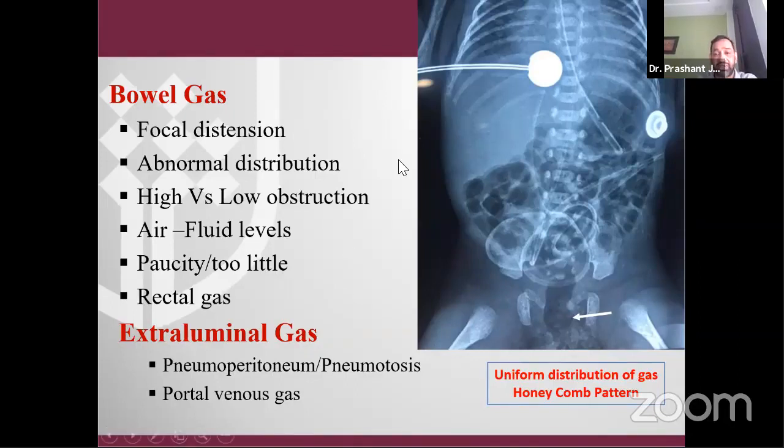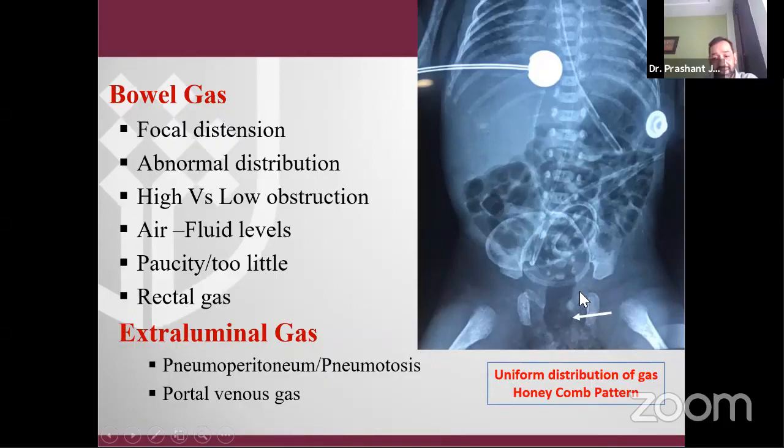So if you see an abdominal X-ray of a newborn, on the right upper side, you will see a liver shadow. On the left side, you will have the shadow of the stomach full of gas. You can see that there's a uniform gaseous pattern, and this uniform gaseous pattern will be described as a honeycomb pattern or cobblestone pattern, in which the gas will be uniformly distributed all over the abdomen.